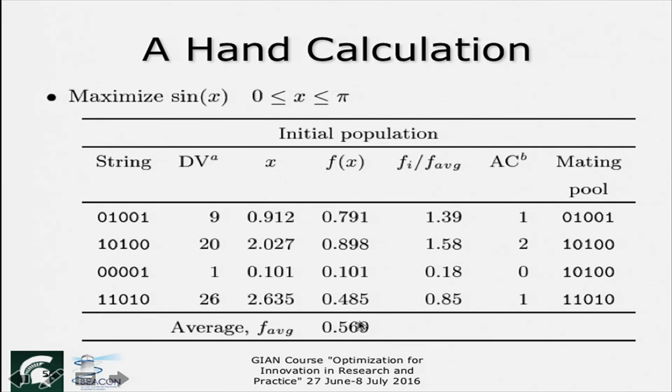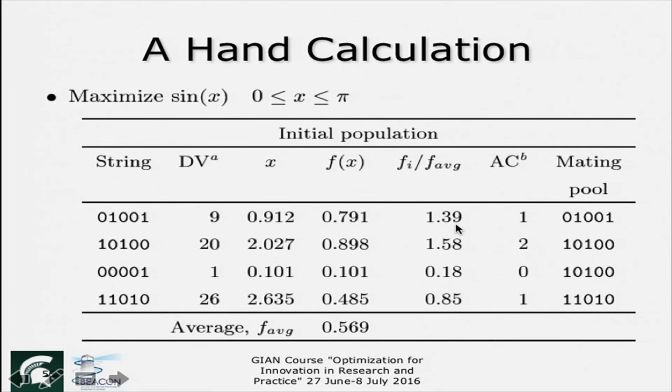So when I do that, instead of the probabilities, I straight away get how many copies each individual should get in the mating pool on an average. If I divide it by sum of fitness, I get the probability; when I then multiply by the number of population members, it tells me the expected number. So these are the expected number of copies that I am expecting in my mating pool using proportionate selection.